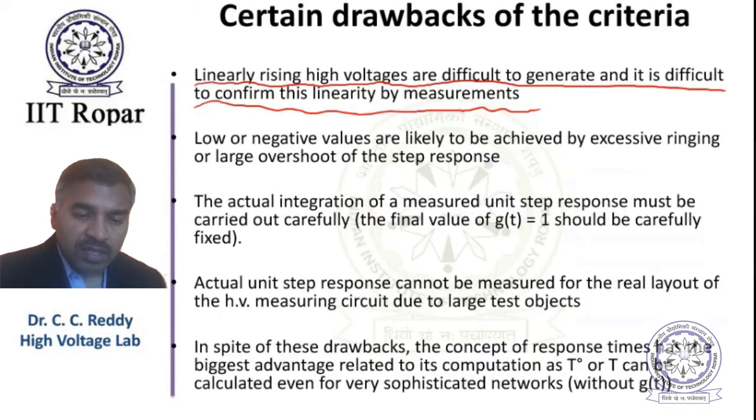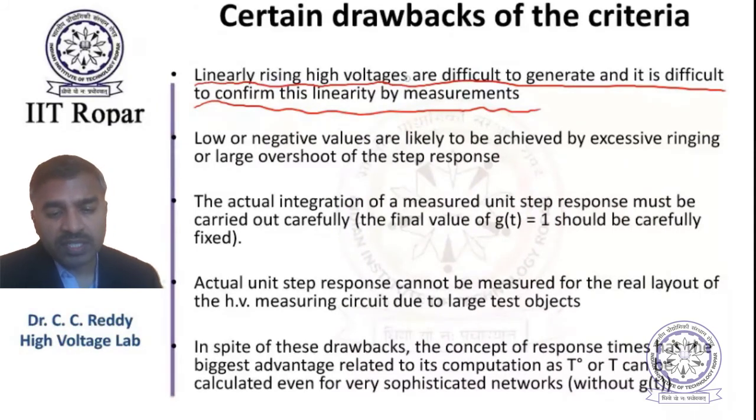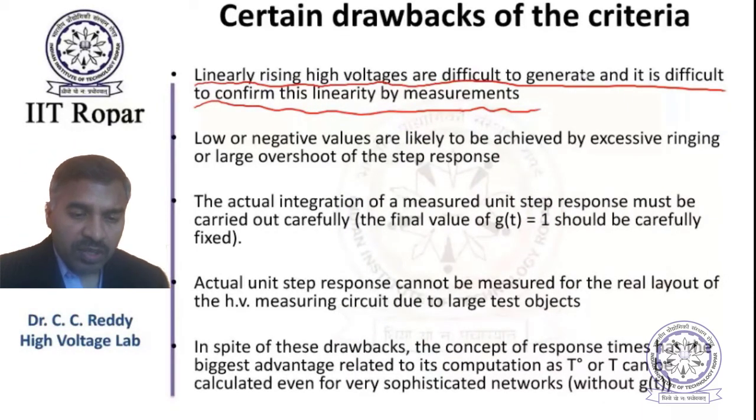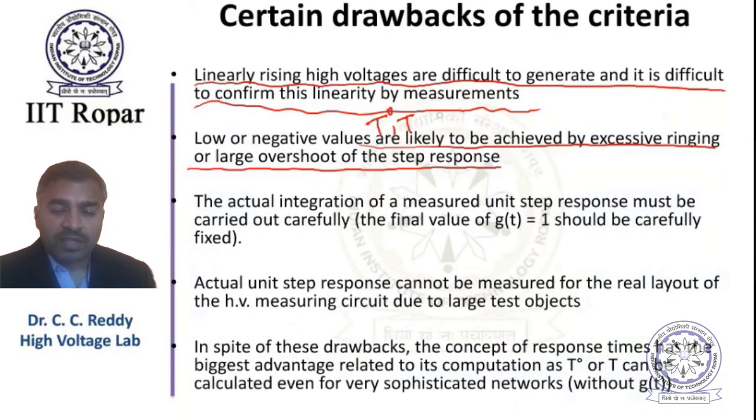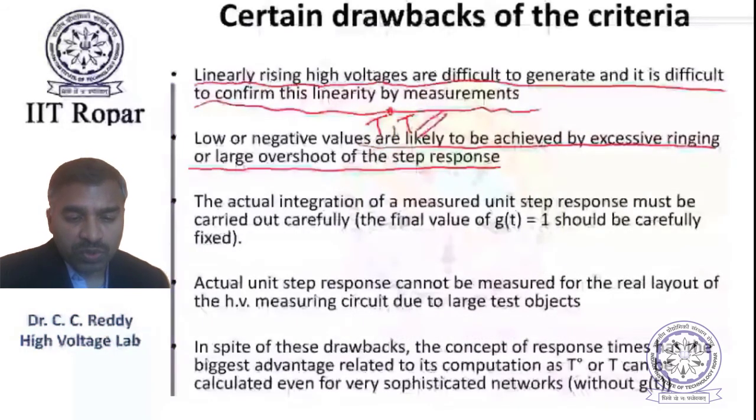So it is difficult to get linearly rising high voltages, but step voltage can still be applied and then measured, though there are limitations for that also. I will read it out. Low or negative values of T0 or T are likely in the responses, due to excessive ringing or large overshoot of the step response. So this is a difficulty here.